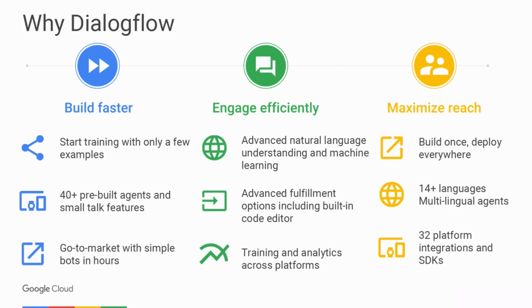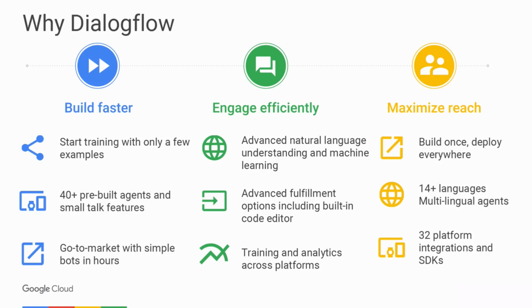Beyond that, if we go into more details, there are 3 areas that Dialogflow is differentiated on. It helps you build faster. You can really go to market in a few hours. You can build with some of our pre-built agents, or just start from scratch. You can engage very efficiently because it provides very advanced natural language tools, and context, things like that, can link together different intents.